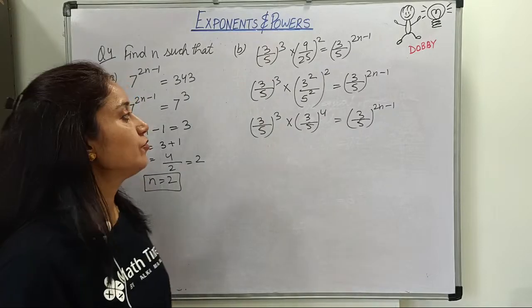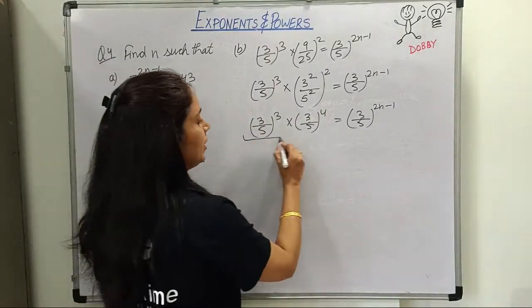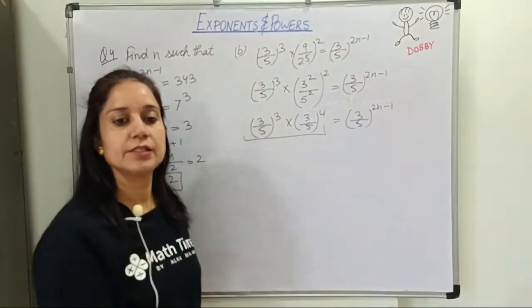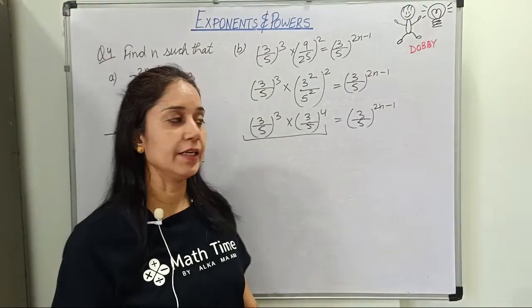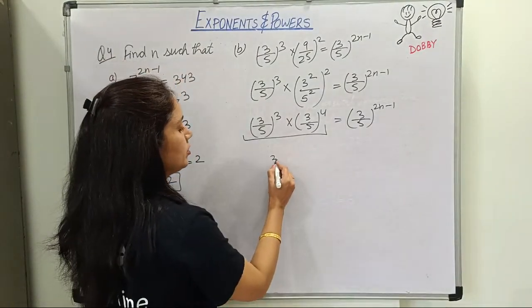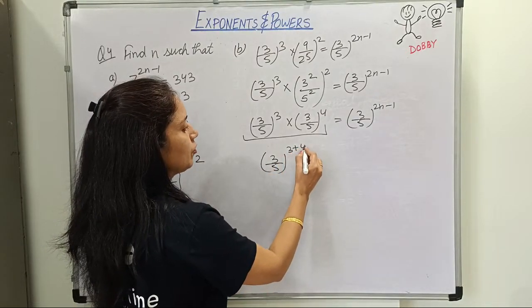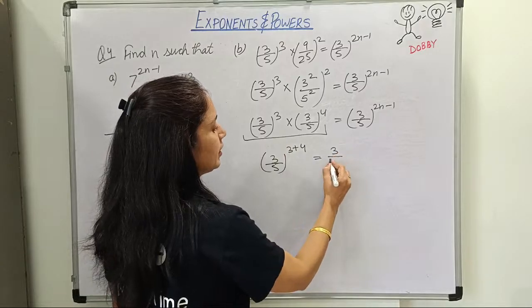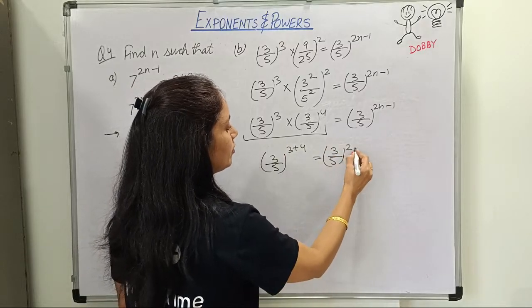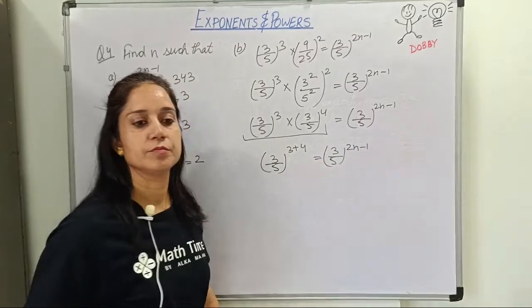Now apply the first law. In multiplication, when bases are same, what do we do? We add the powers. It becomes 3 upon 5 raised to the power 3 plus 4. And this side it is the same, 3 upon 5 raised to the power 2n minus 1.